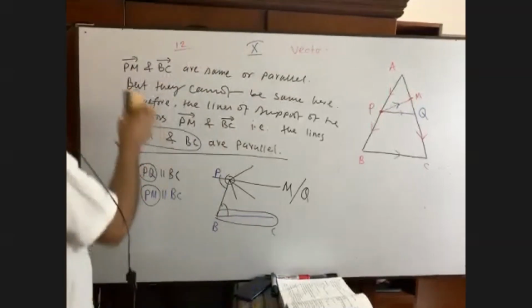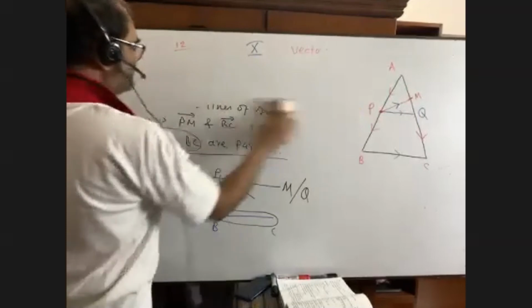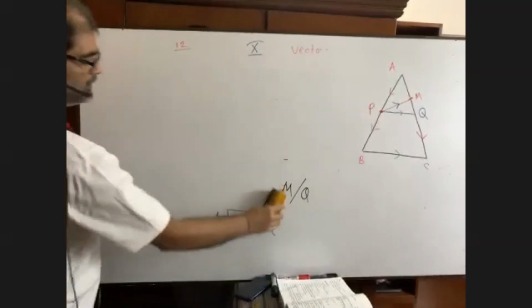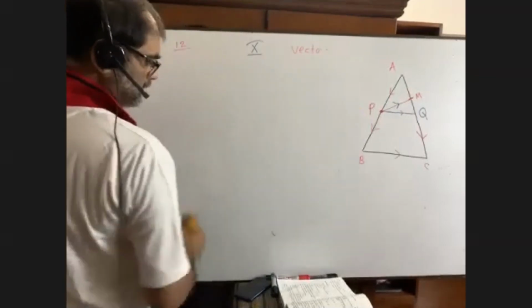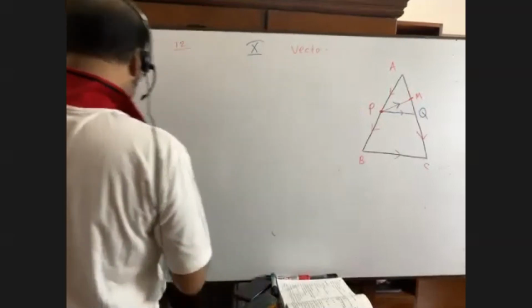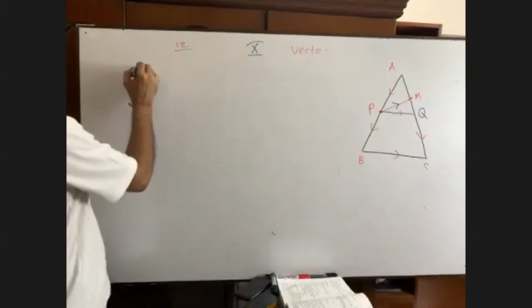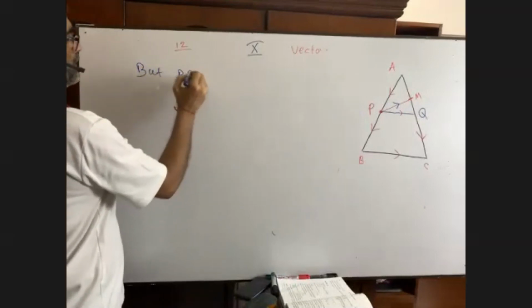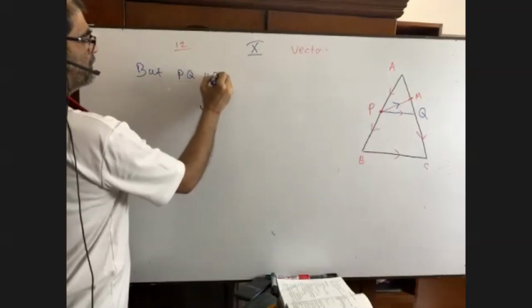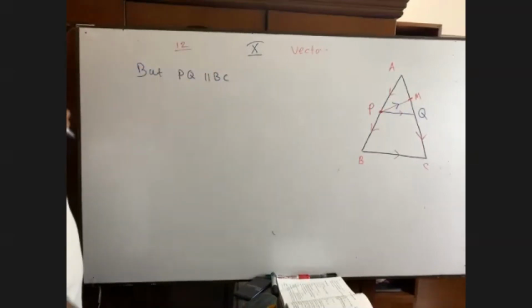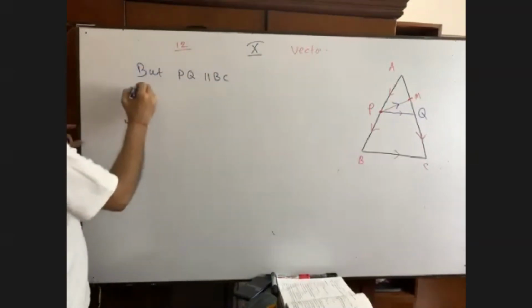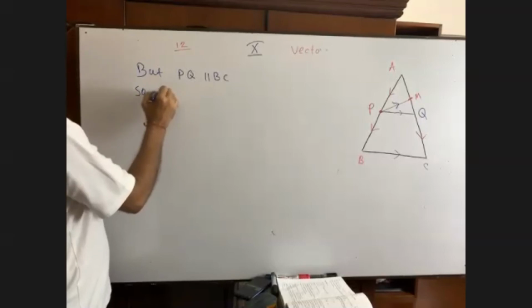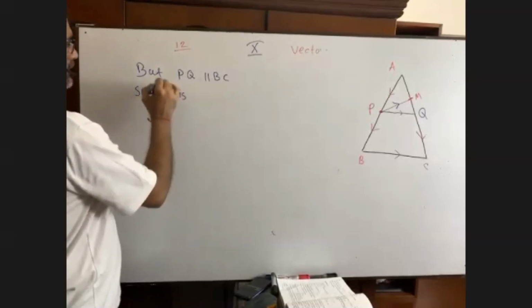Now you write down. But PQ parallel to BC. So it is contradictory.